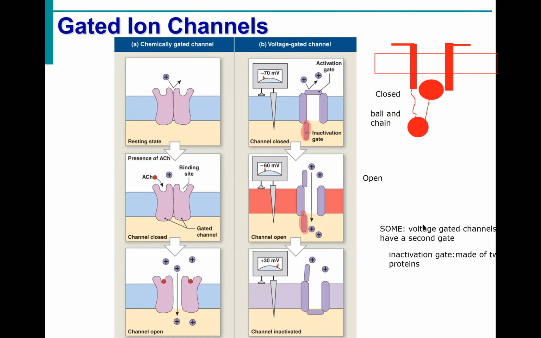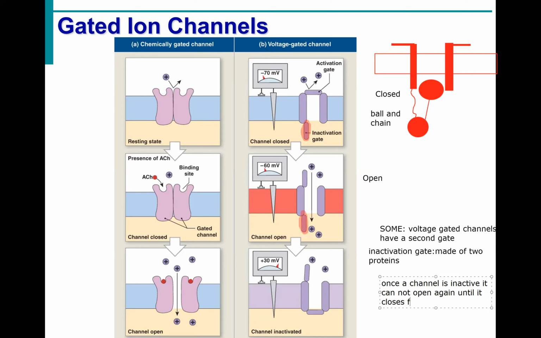And what's interesting about these ball and chain inactivation gates is once a channel is inactive, it cannot open again. Now, as it turns out, not never, but it cannot open again until it closes first.